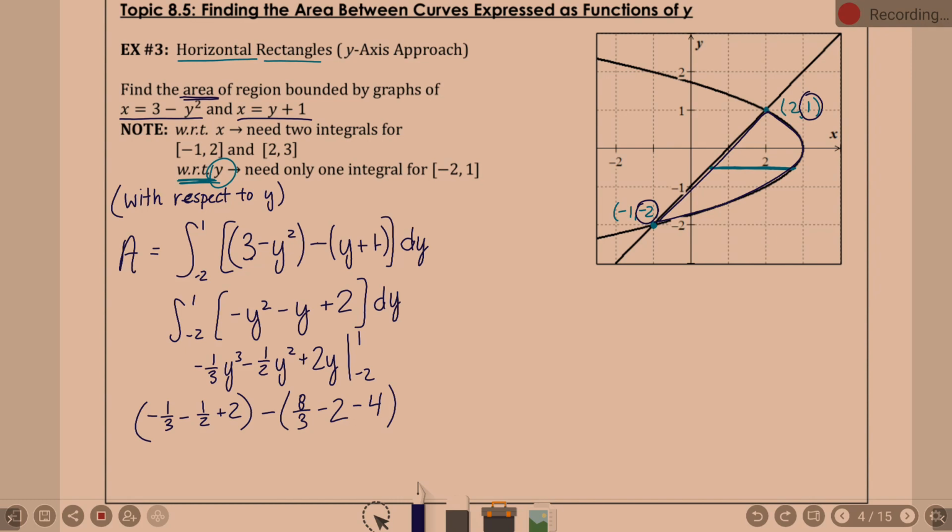And from here, you can clean it up a little bit. If I look at my work, I got everything with a common denominator of 6 right now. I don't know if I really needed to do that, but you could also do some cleanup as you go here. So, for instance, negative 1/3 minus 8/3 is negative 9/3, right?